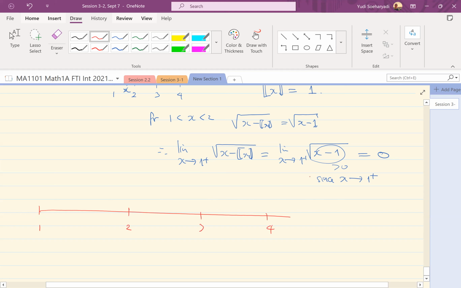Over here, we compute x minus 4, over here x minus 3, here x minus 2.